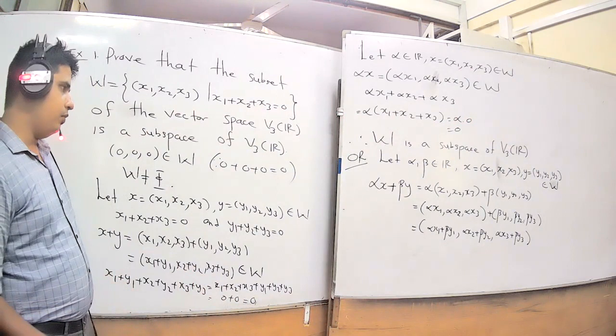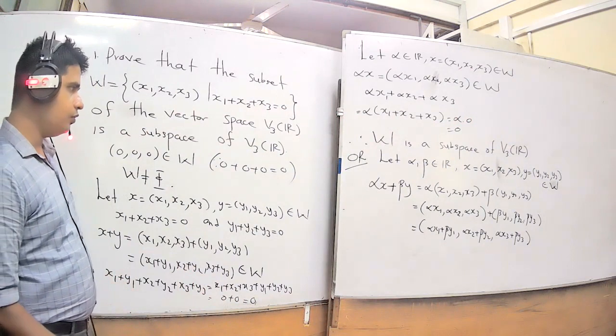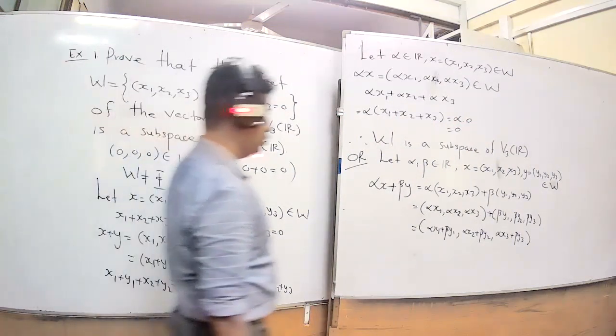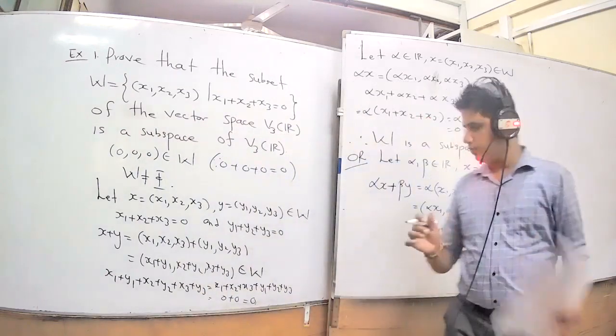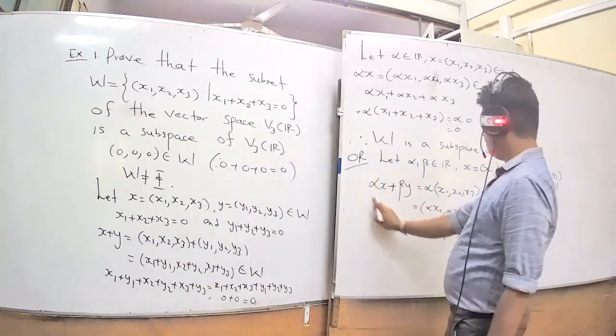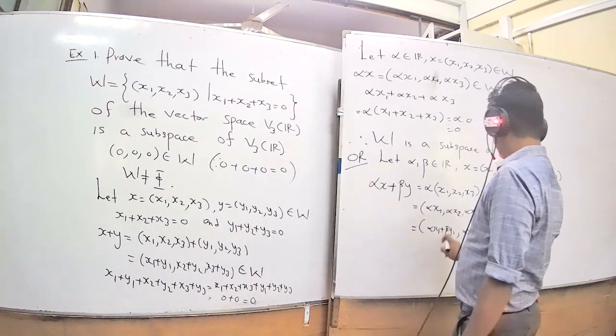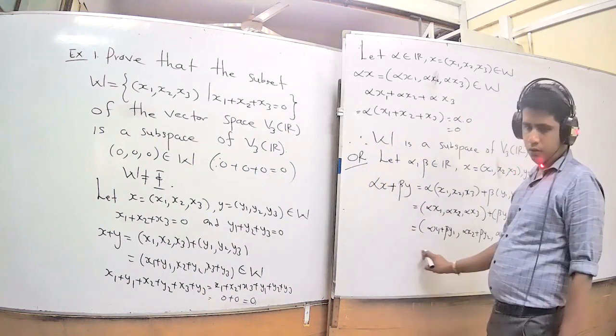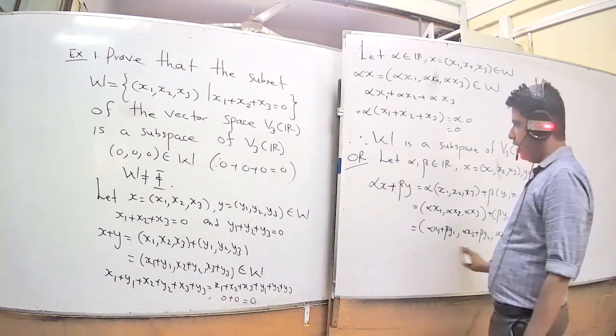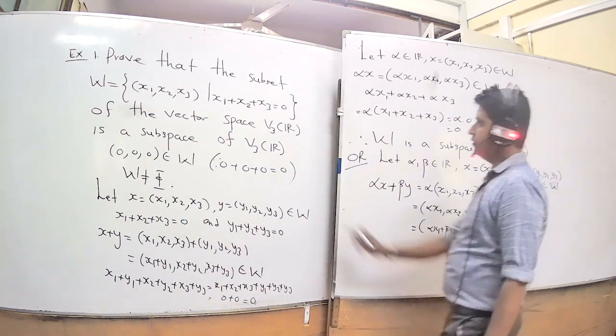What is your claim now? You want to show that alpha x plus beta y belongs to W, and it equals this one. Therefore, this one belongs to W, which means this element satisfies the condition.